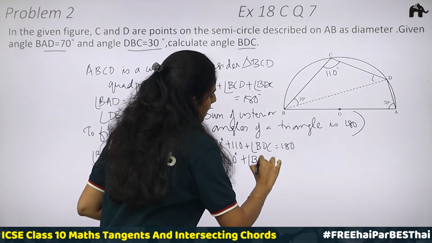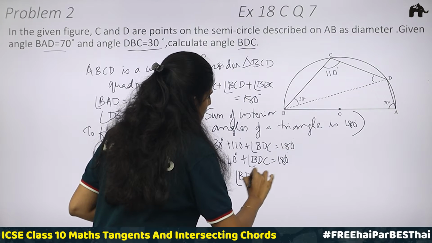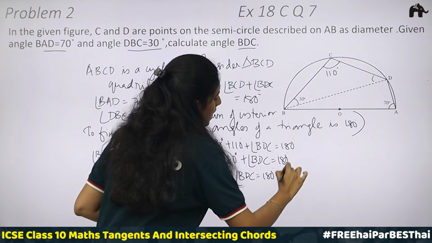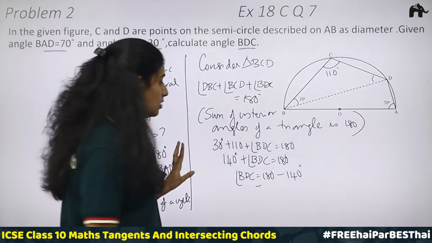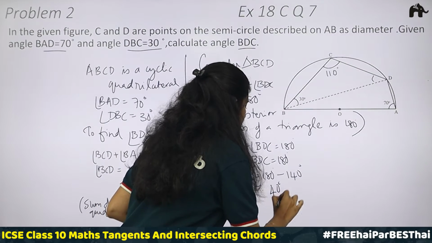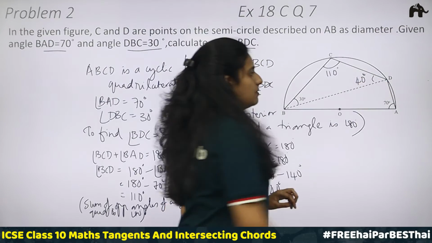Plus BDC is equal to 180 degrees, which means angle BDC is equal to 180 degrees minus 140 degrees. Angle BDC is equal to 40 degrees, correct.